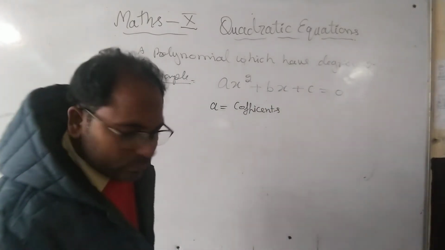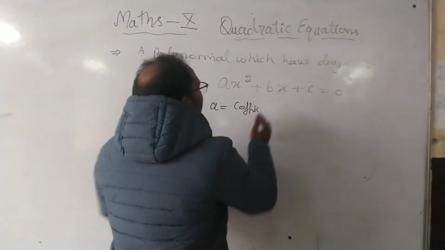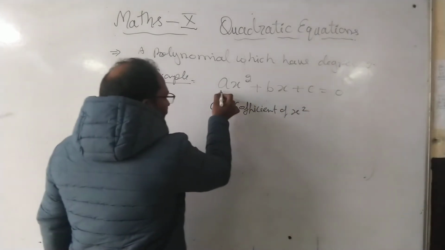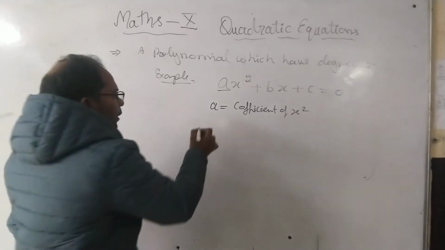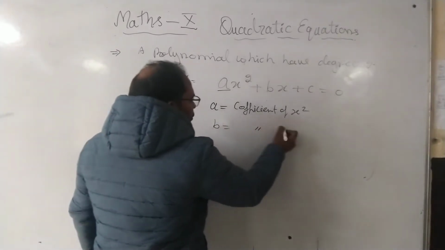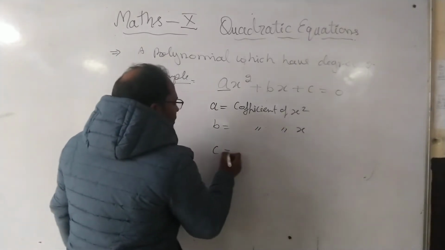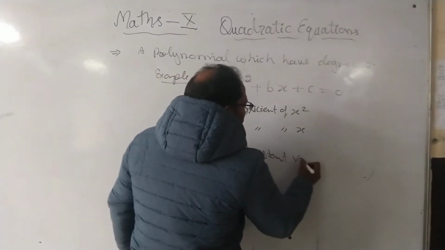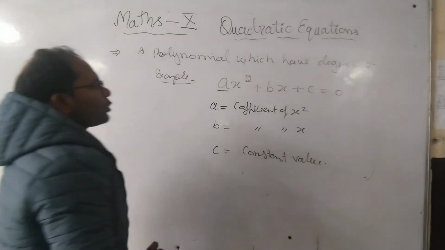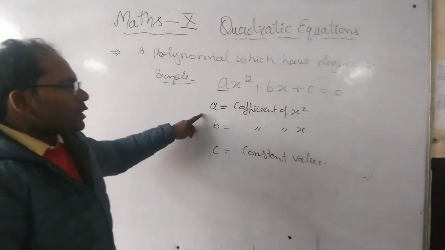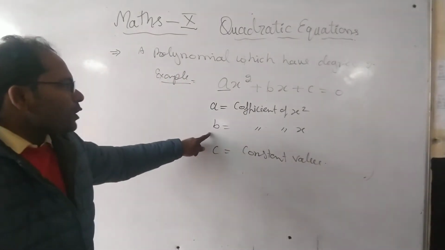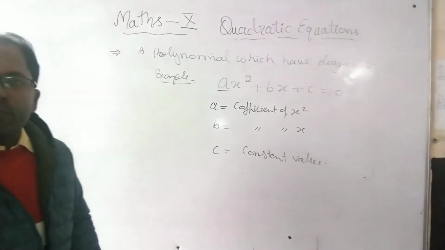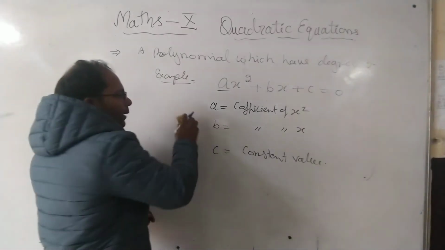A is the coefficient of x square. B is the coefficient of x. C is the constant value. Okay, so you must know about this.